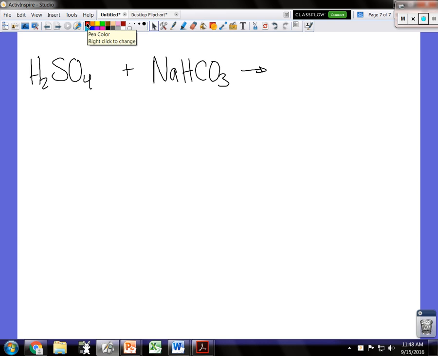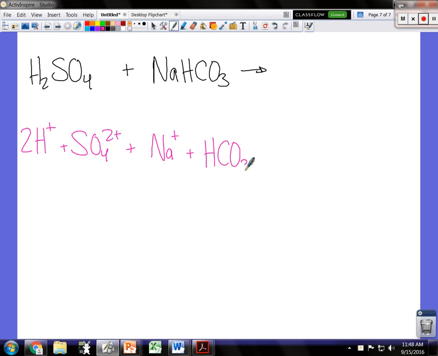What I'm going to do is I'm going to split this. We have 2 hydrogen ions plus a sulfate ion, right? Don't write any of this down. Just watch me do it. We also have a sodium ion plus the hydrogen carbonate. Nope, that's not right.